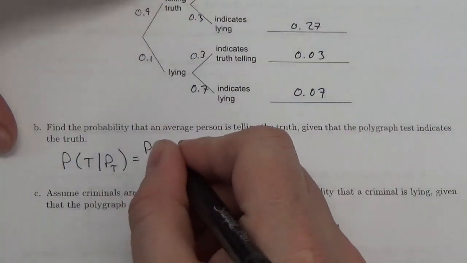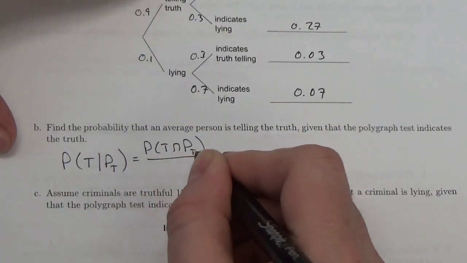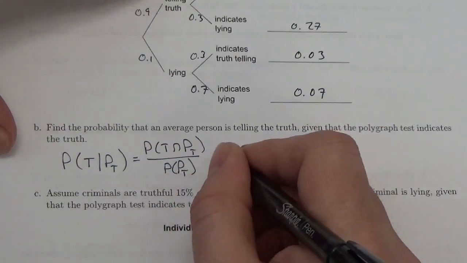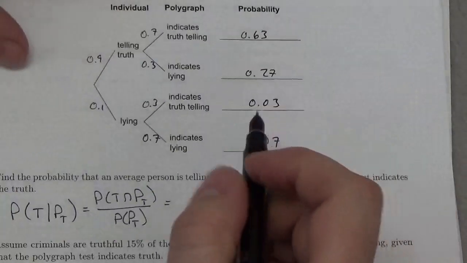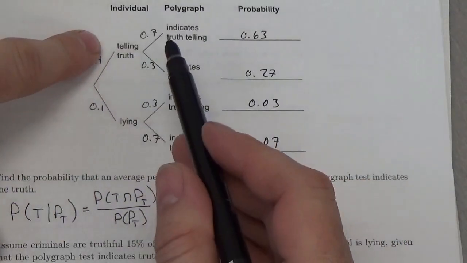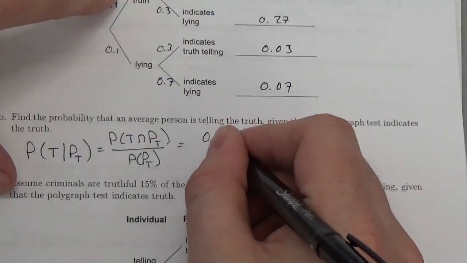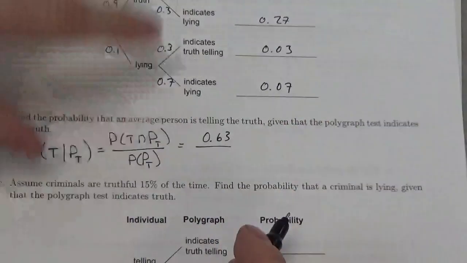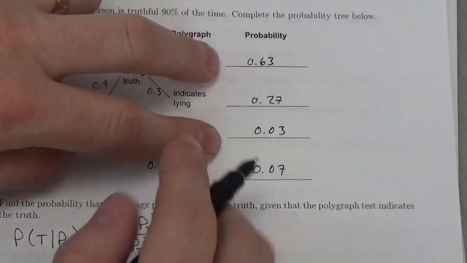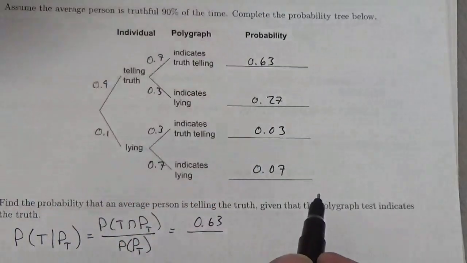The formula for this will be the probability that you're telling the truth and the polygraph says you're telling the truth, over the probability that the polygraph says you're telling the truth. Looking up at our chart, the probability that you're telling the truth and the polygraph says so is 0.63. But the polygraph saying that you're telling the truth could be either of these branches, the 0.63 or the 0.03.